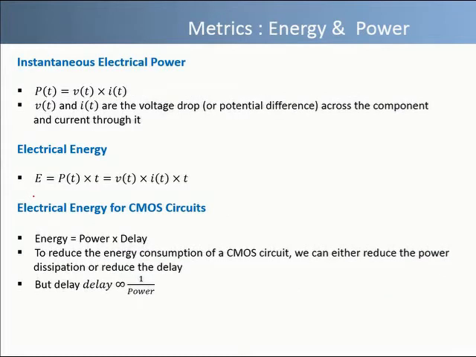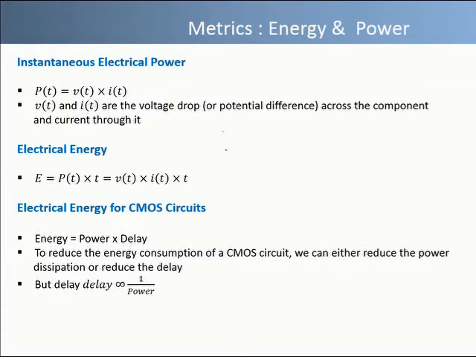Now let's see the mathematical relations of these quantities. The instantaneous electrical power dissipated by a component at a certain time instant t is denoted by P(t), and it is equal to the product of V(t) and I(t), where V(t) is the voltage drop or potential difference across the component at that particular time instant, and I(t) is the current flowing through it.